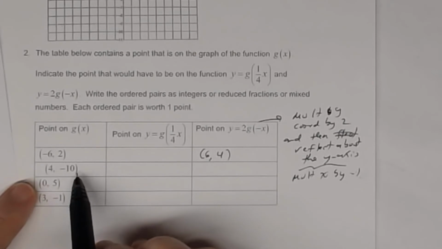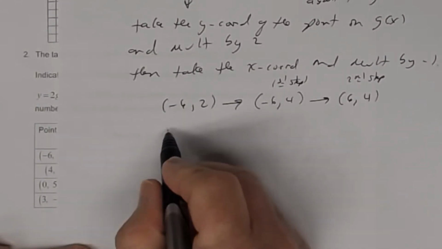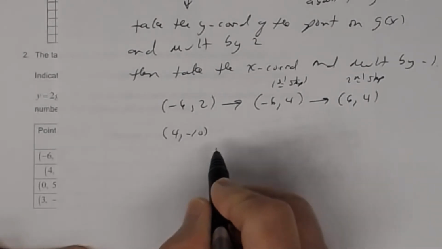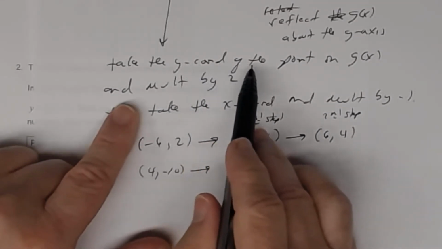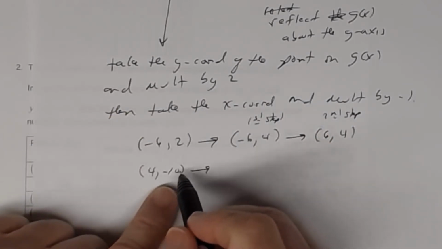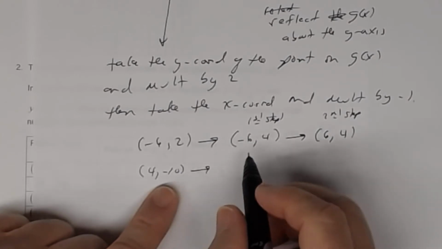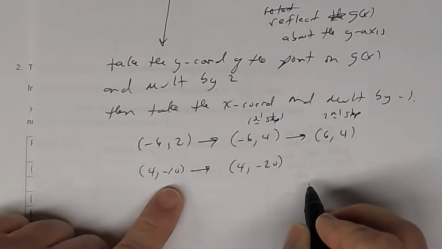Okay? And then when you do this one, let's look at 4, -10. The first thing I need to do is take the y-coordinate and multiply by 2. The y-coordinate here is -10. -10 times 2 is -20, rather.